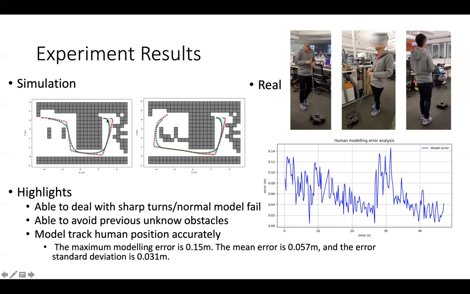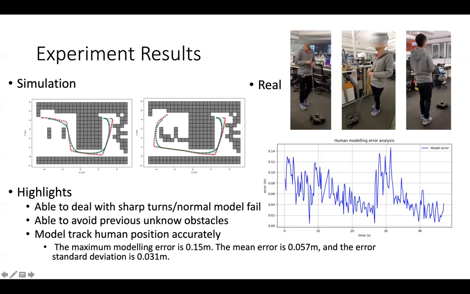You can see it finds a path to reach the destination, and it can deal with the sharp turns. In this case, there are some unknown obstacles here. So the algorithm is able to adjust the path to reach the destination for the person. We also compared this with the bicycle model, and the bicycle model cannot pass this sharp turn. We can see the result in the next video.